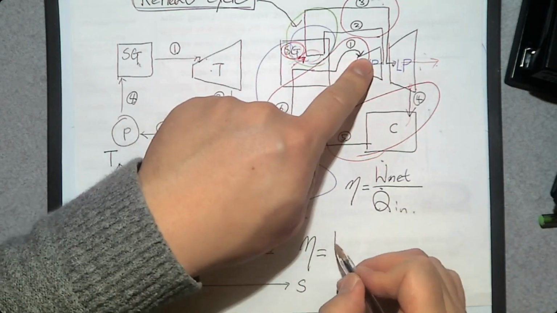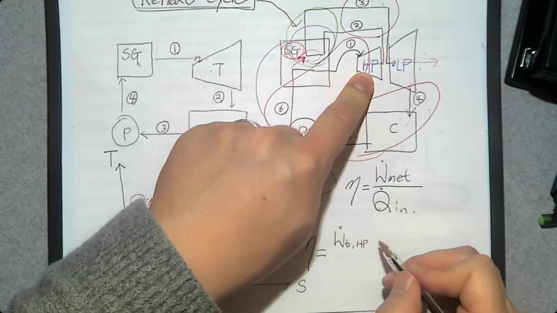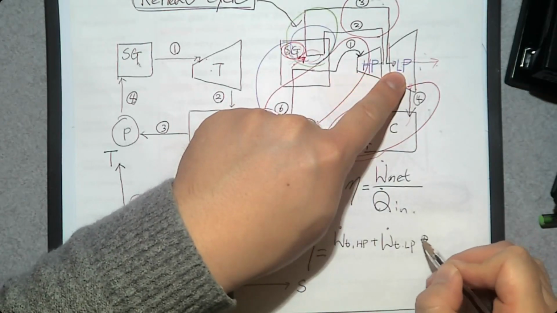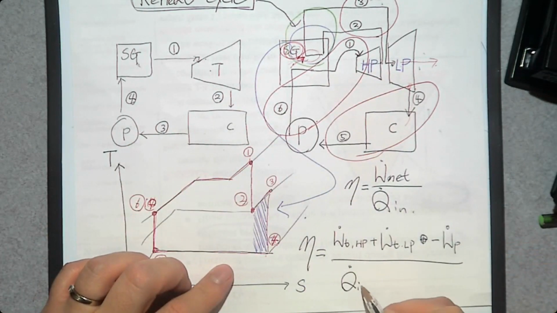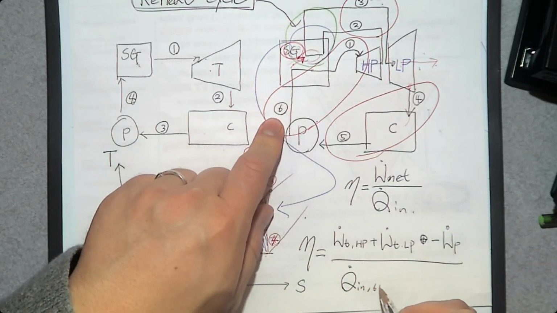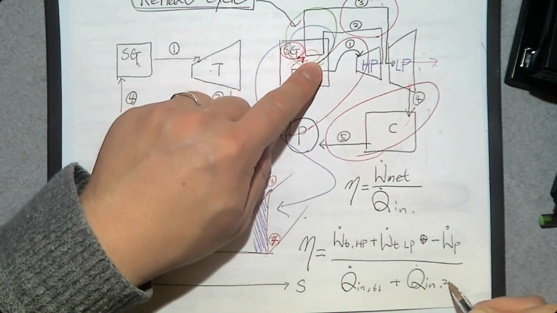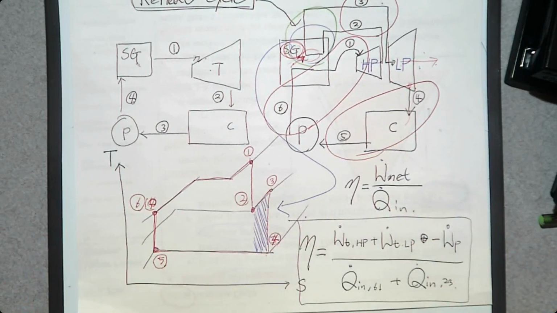We have turbine power in the high pressure stage and turbine power in the low pressure stage minus pumping power, divided by heat transfer in from 6 to 1 plus heat transfer in from 2 to 3. So that's how we can determine the thermal efficiency of this reheat cycle.